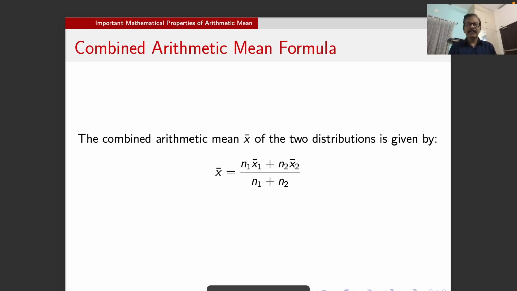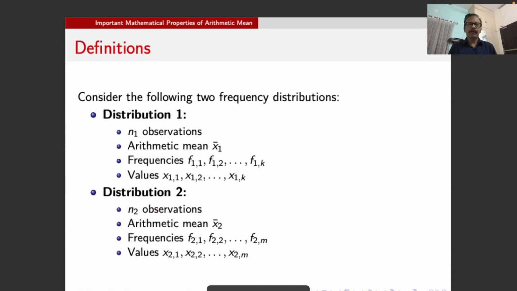So once again we have two sets of observations, so two frequency distributions, with n1 observations in the first case, so we have x11, x12, etc., x1,n1. For convenience, let me denote n1 as k, with the corresponding frequencies f11, f12, etc., f1,n1, and mean x1 bar.